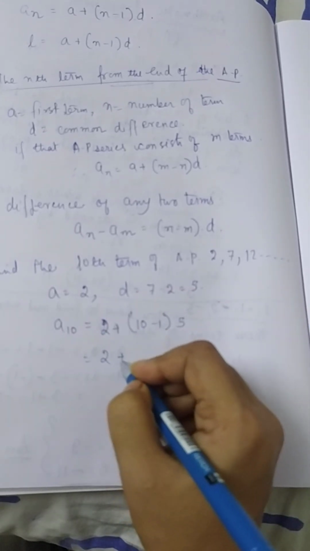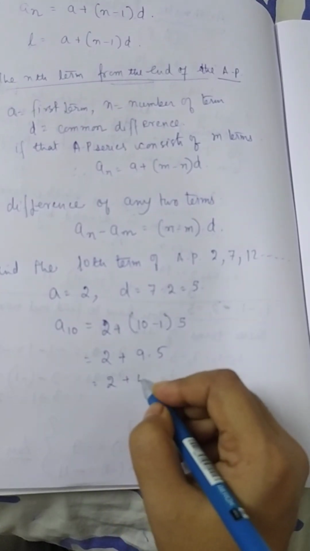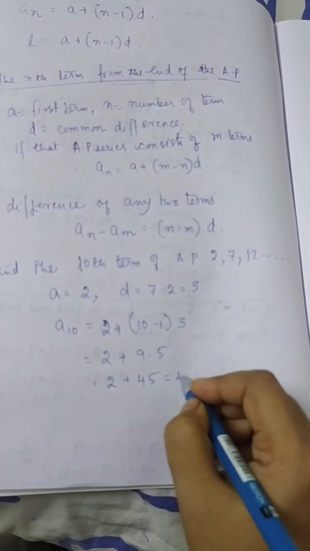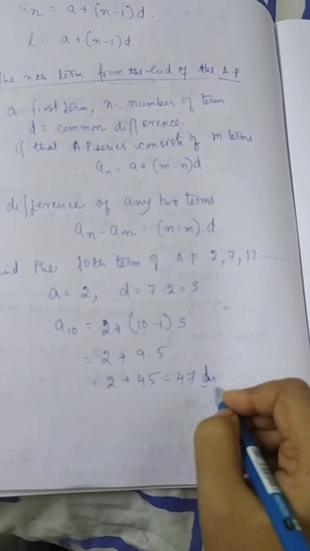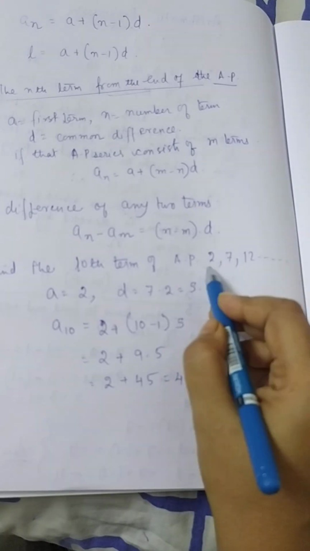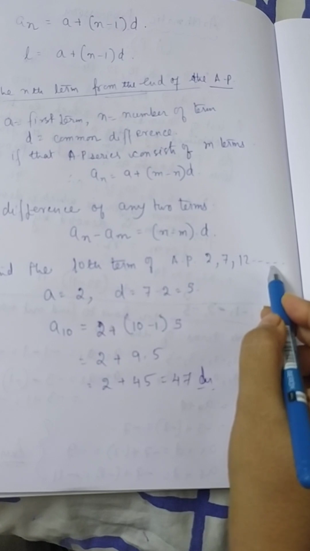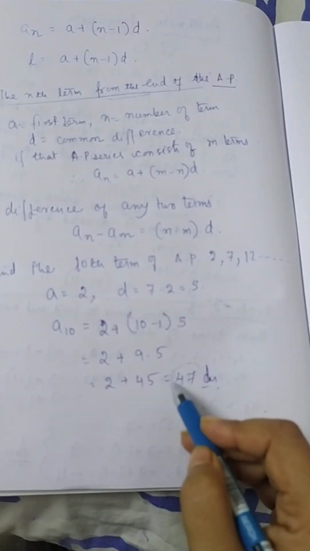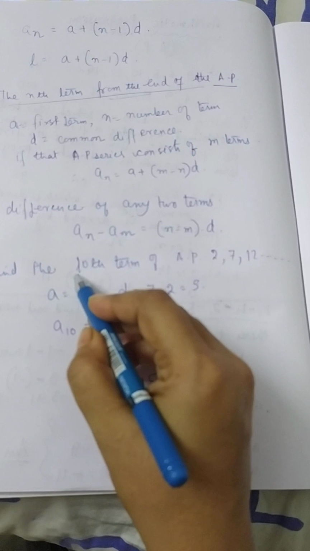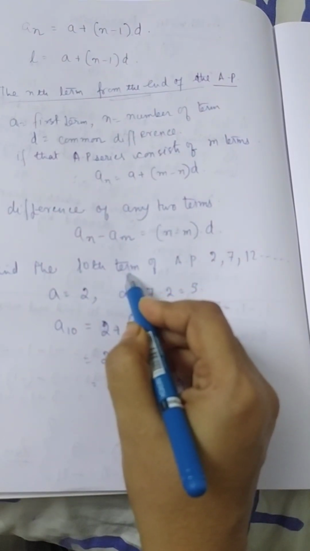So 2 plus 9 into 5, that is 2 plus 45, that is 47. So if I go in this series taking a common difference of 5 in each case, I will get 47 as the 10th term of this particular AP series.